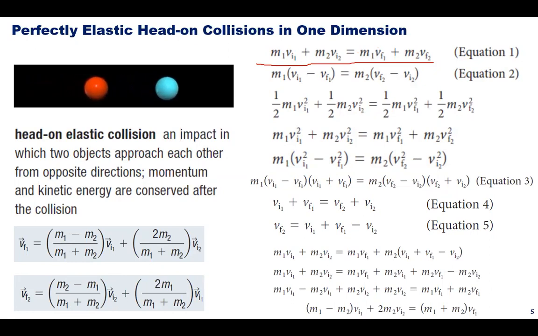And we can rewrite equation number 1 by bringing all the terms with m1 to one side and all the terms with m2 to the other side, right? And common factoring the m coefficients, which gets us equation number 2 here.